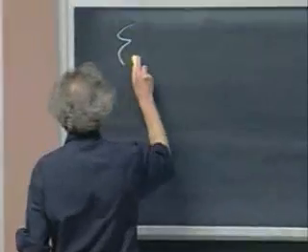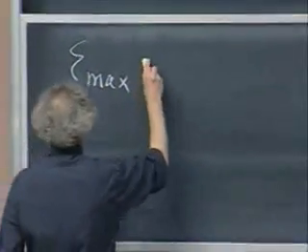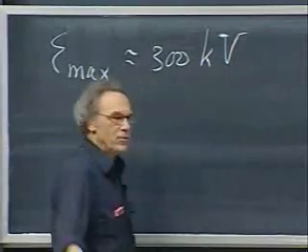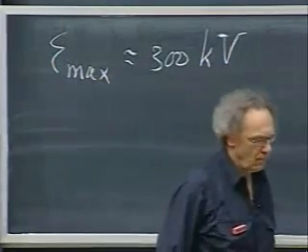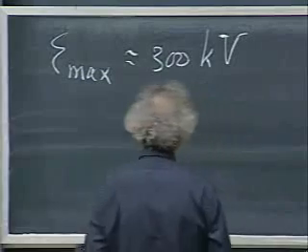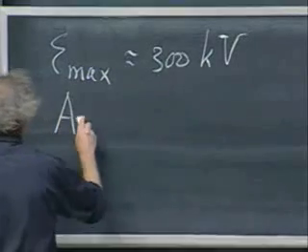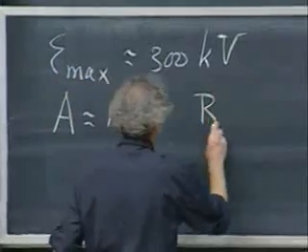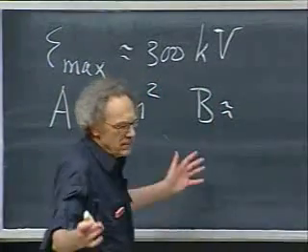So, if we look at a power station, as we discussed earlier in this course, let's get some numbers. The maximum EMF that the power station produces, let's say, is 300 kilovolts, which it puts on the line. And let's say we have loops that have an area of about 1 square meter, and that they use magnetic fields which are, let's say, half a Tesla.